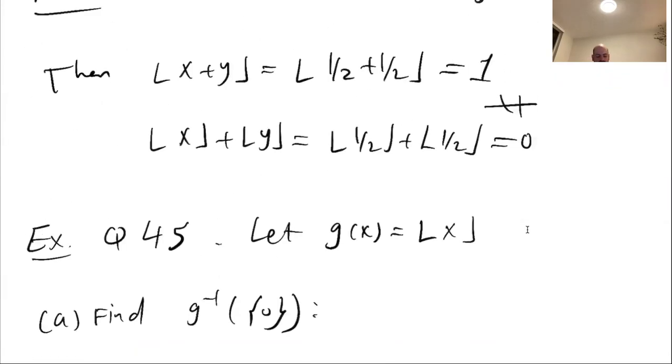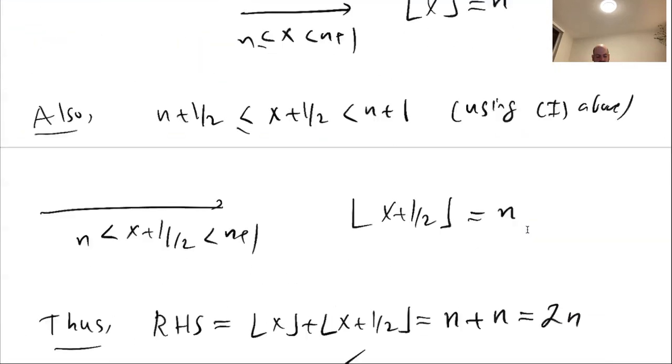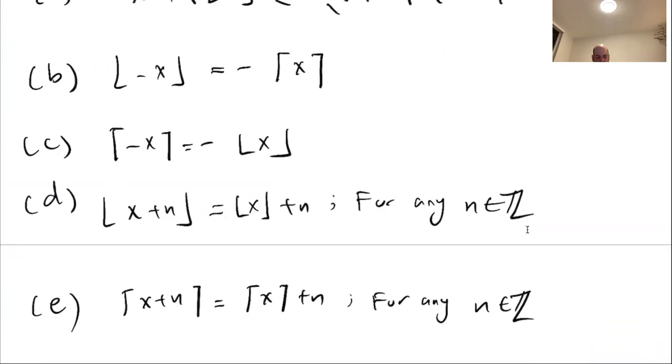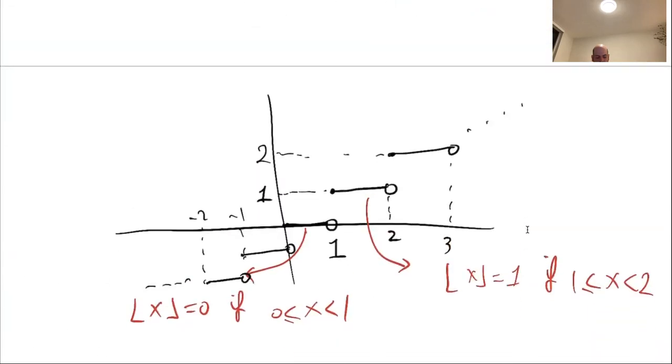Well, let's look at the graph and see which x values have output 0. The outputs are 0, 1, 2, -1, -2, and so on. Which inputs have output 0? Only the elements between 0 and 1, the first segment. Elements in this segment have output 0. So that means all the inputs greater than or equal to 0 and less than 1.